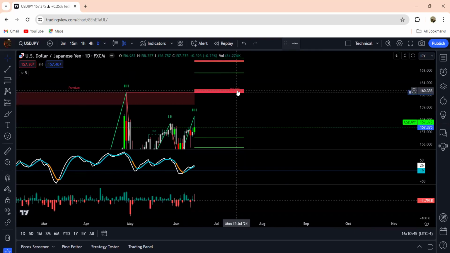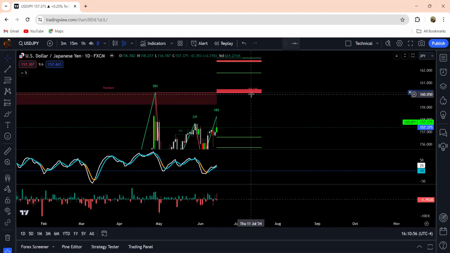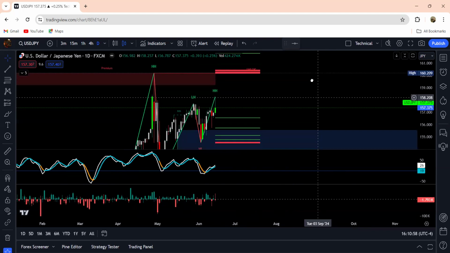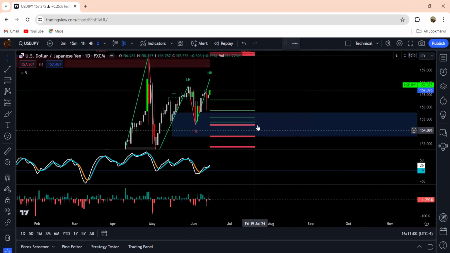So weekly high and low points for this particular instrument. This is USD JPY on the daily time frame. All of the red lines on this liquidity indicator are indicative of liquidity based off of the weekly period.